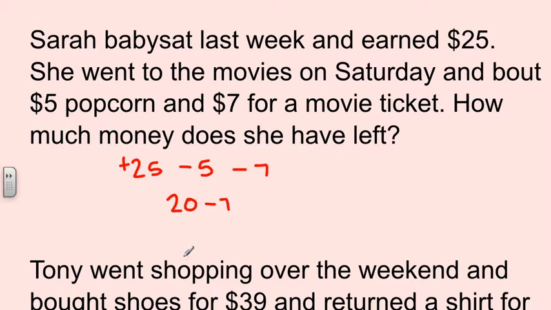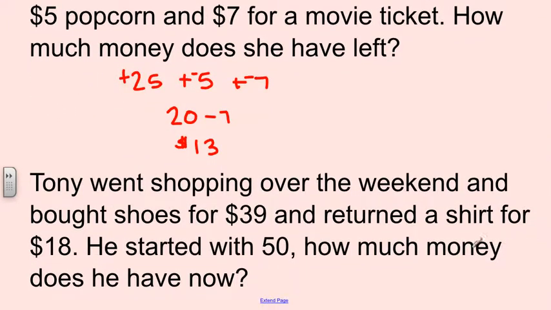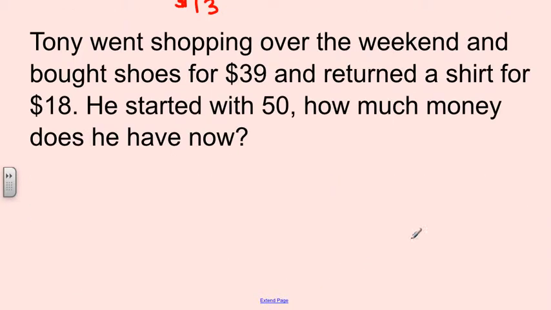Now I have 20 minus 7. $20 minus 7 is 13. I have $13 left over. I could represent this as an addition problem of a -5 and a -7, because that would represent spending money. But at the end of the day, word problems are kind of common sense, so you skip writing it that way.